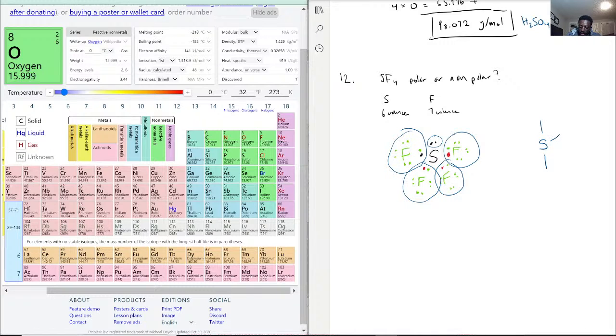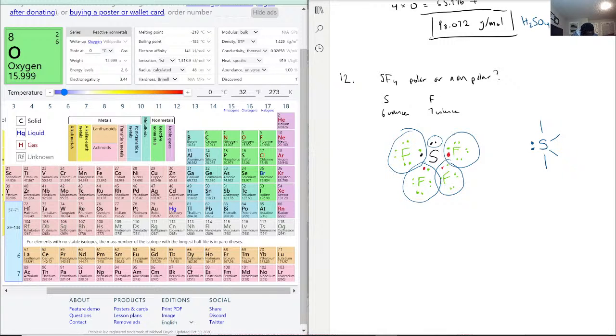Or is it like this? Something like that. There we go. Let me review this based on my information here, because I want to make sure I do this correctly. Sulfur looks like that, where there's a lone pair, and the rest of them stick out like that.